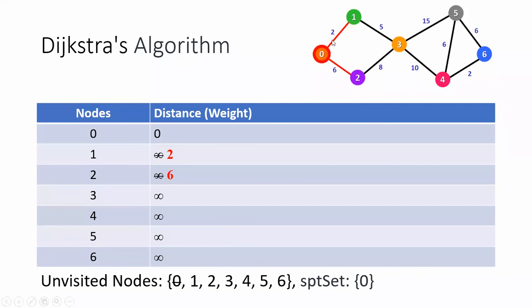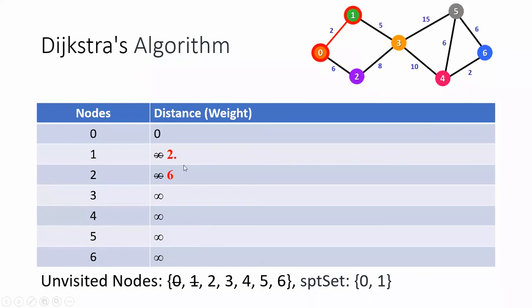Because from 1 to 2 there is only one route, it carries only one weight, right? So we compare. 2 compared to 6 is the shortest. So we take the route 0 to 1. So we put 1 into the set, which means that 1 has already been traveled and we know that it is the shortest path.